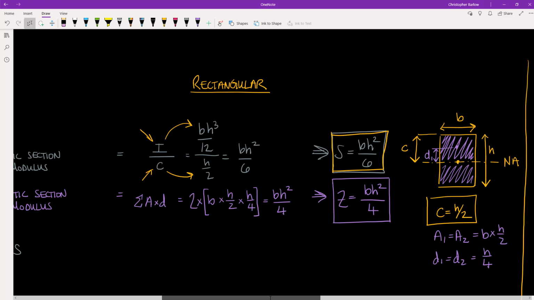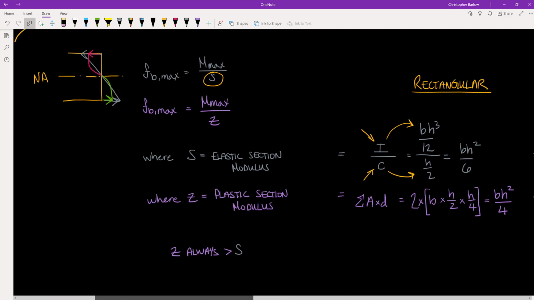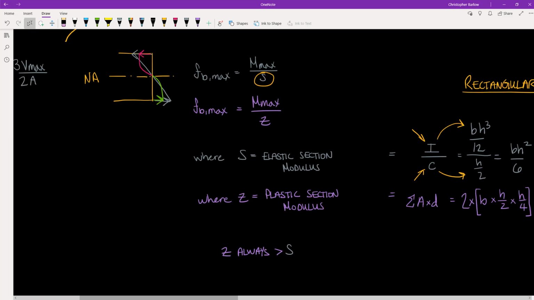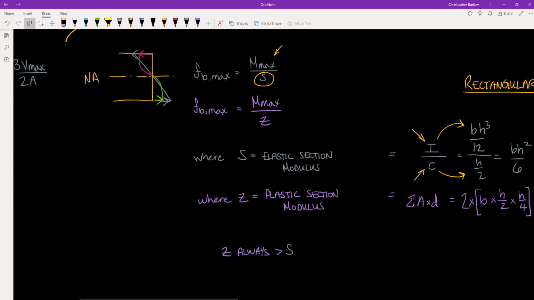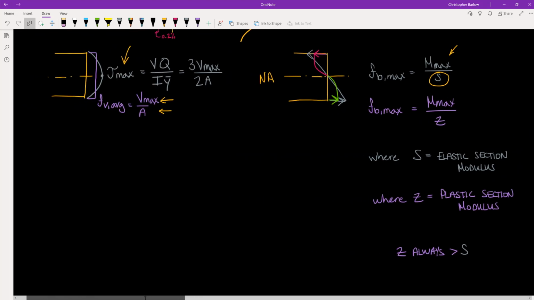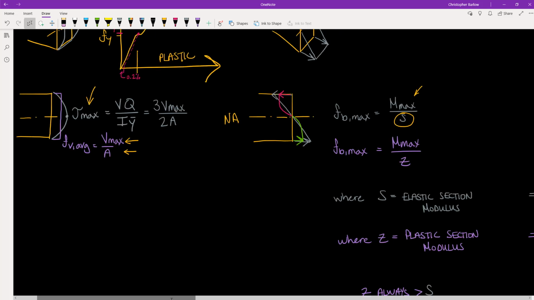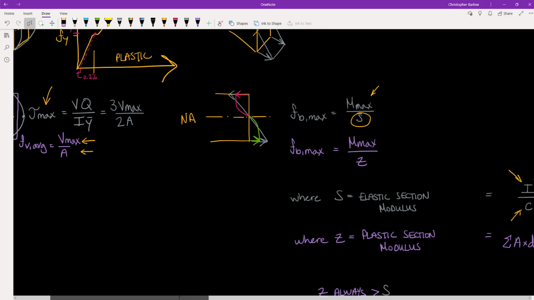And so, to find our elastic stresses due to bending, we would take the maximum moment and divide by our elastic section modulus, S.